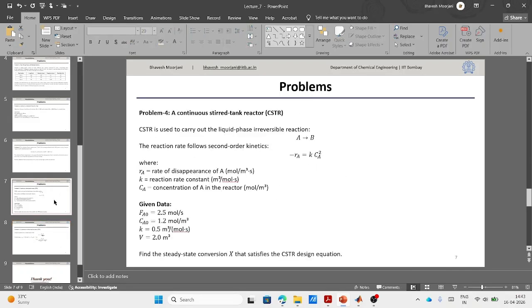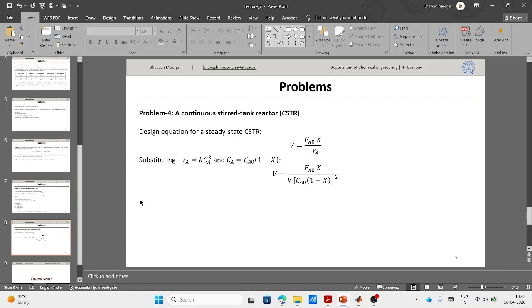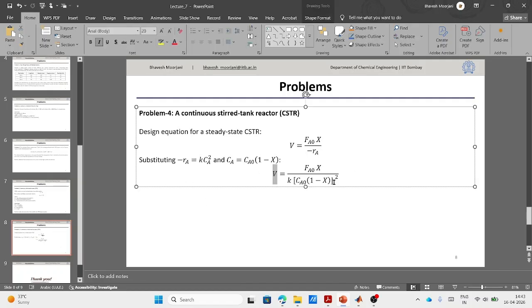Now, what have we been asked? We have the initial data, the rate data, and the volume of the reactor, and we have to find the conversion x. If I look at this equation, it is a non-linear equation, because I have conversion in the numerator as well as the denominator, and then I have the power on the conversion.